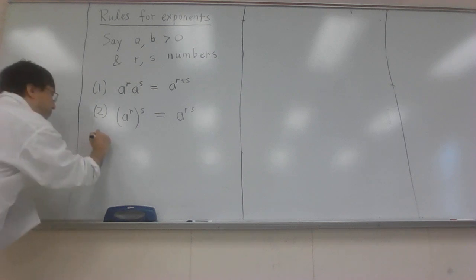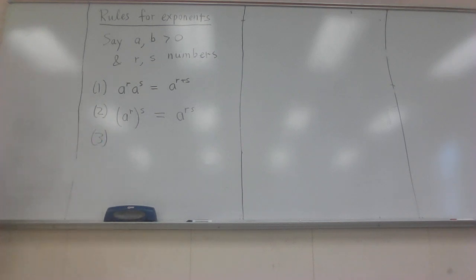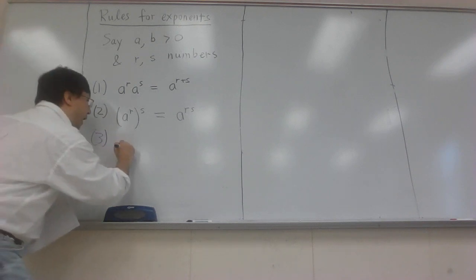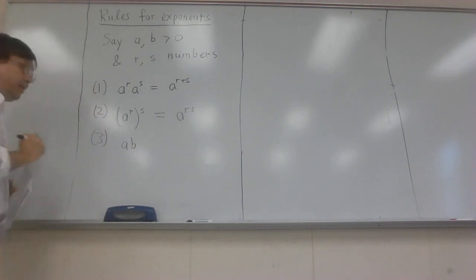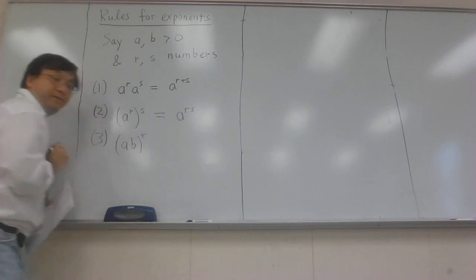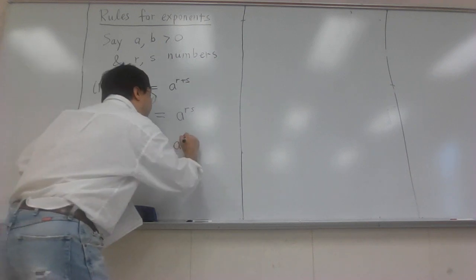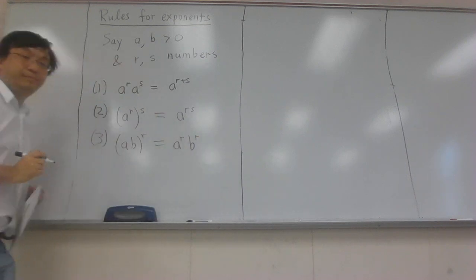Rule number 3 says that you can distribute exponentiation over multiplication. So if you take a times b and you take it to the power of r, that's the same as a to the power of r times b to the power of r.